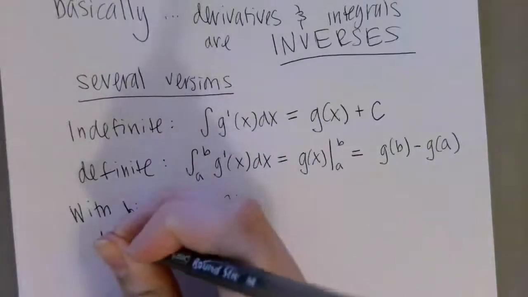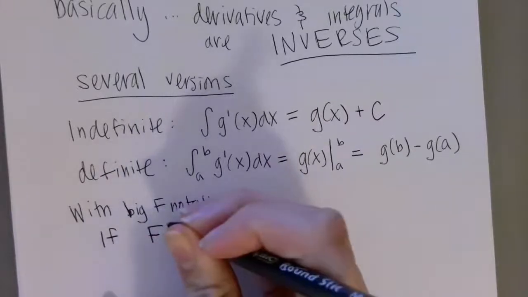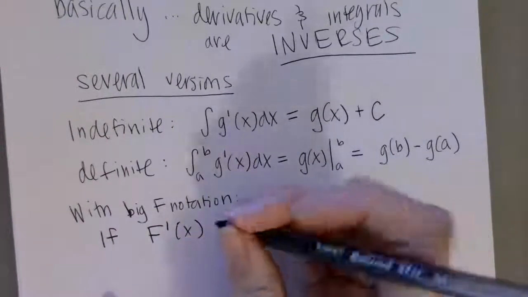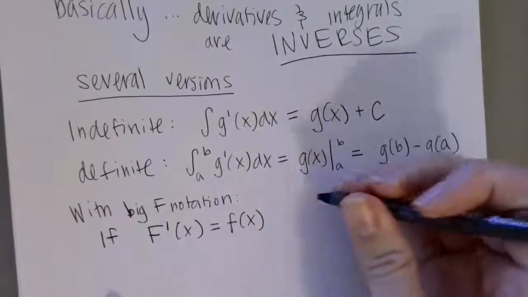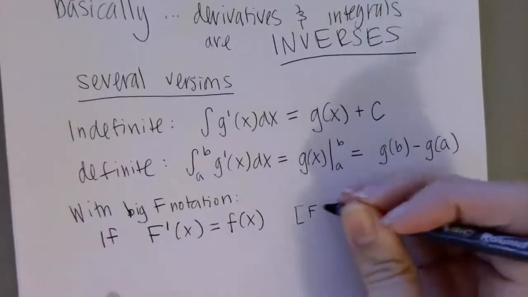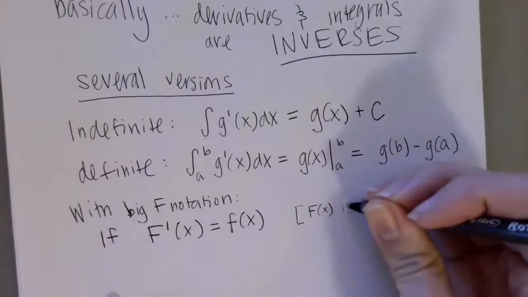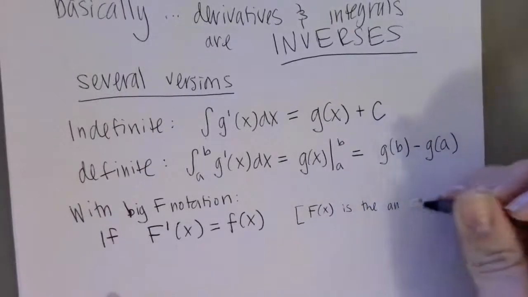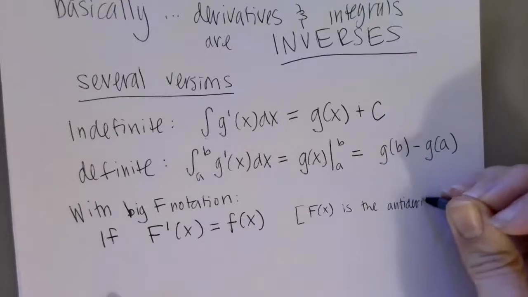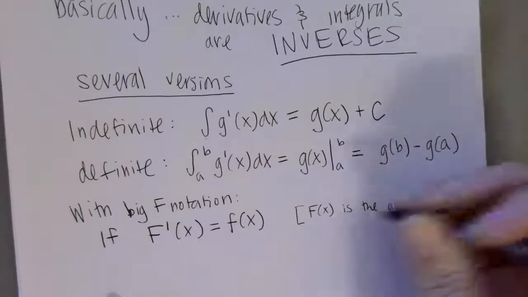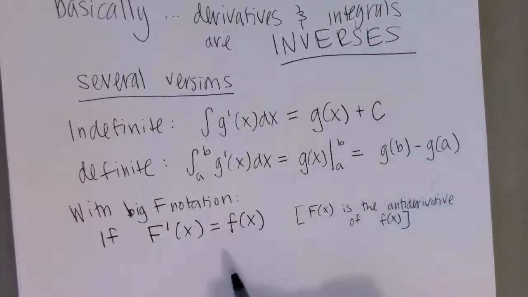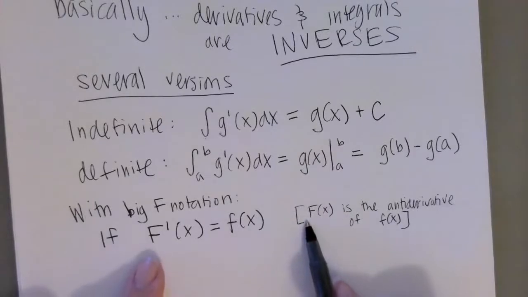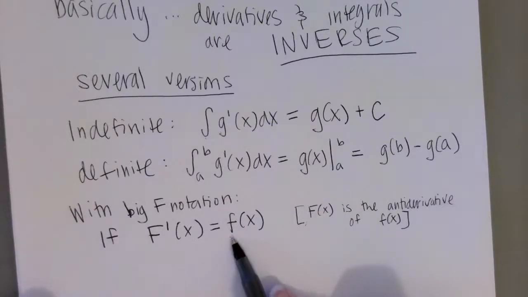So if big F prime of x equals the function f of x, this means that big F of x is the antiderivative of little f of x. So the derivative of big F is little f, and the antiderivative of little f is big F.